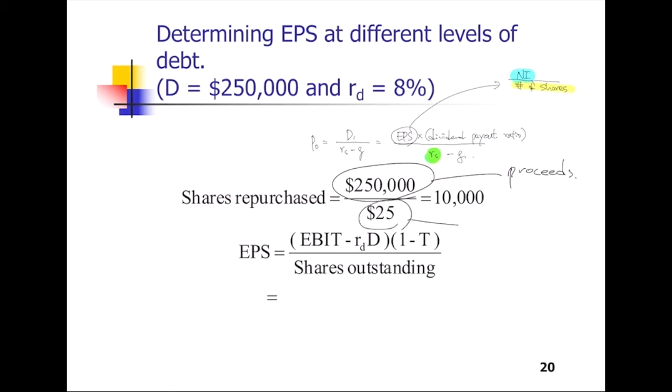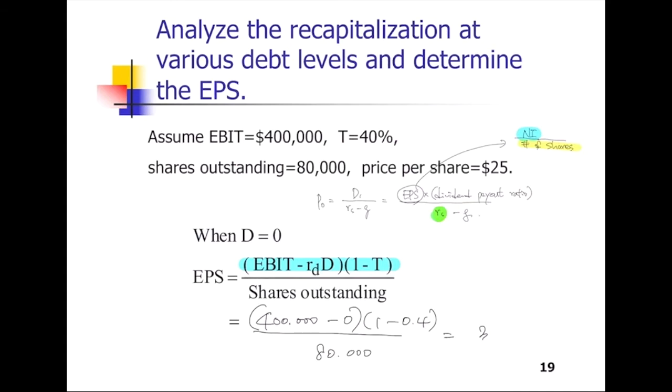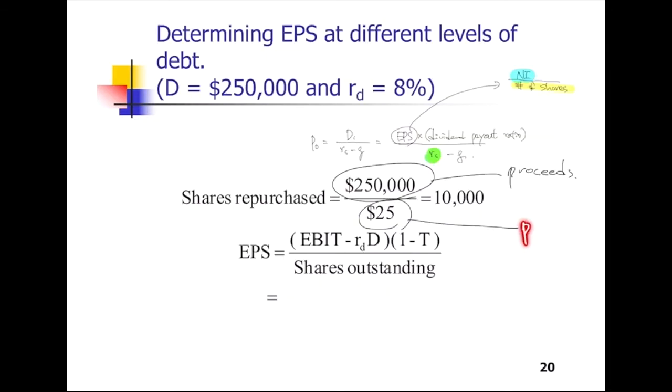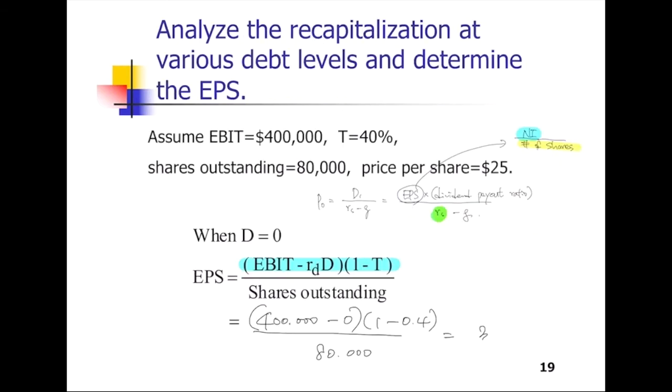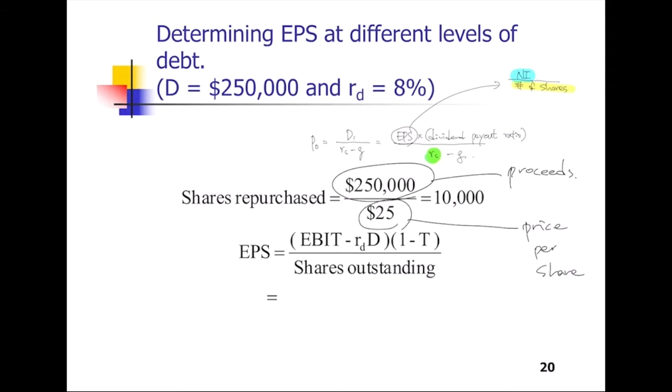And this number comes from here, right? Price per share is $25. So this is the price per share. Then we can conclude the firm repurchases 10,000 stocks.